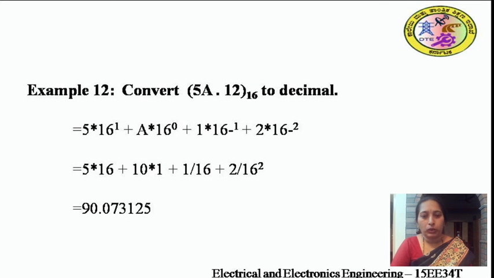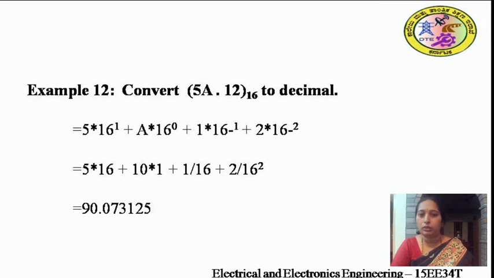I have taken one more example with the fractional part: 5A.12 hexadecimal to decimal. From LSB towards MSB, we have to multiply the hexadecimal digit by its weight. A is multiplied by 16 to the power 0 and 5 is multiplied by 16 to the power 1.